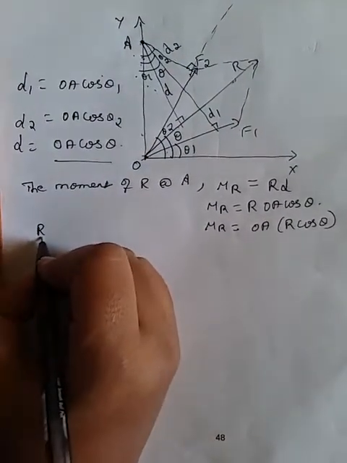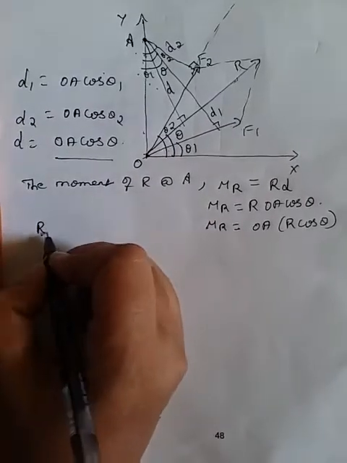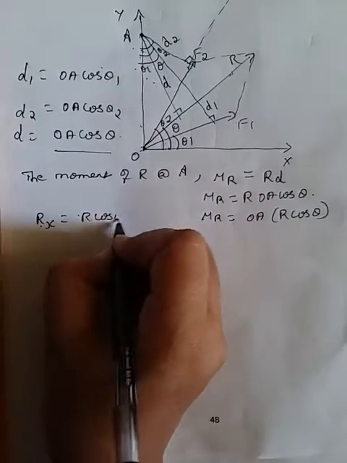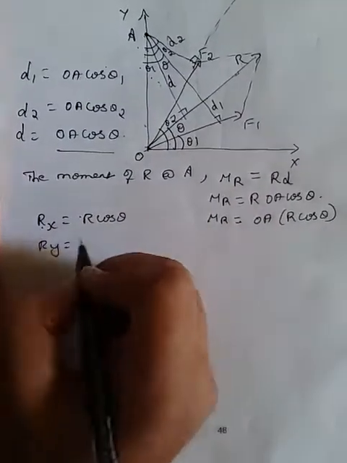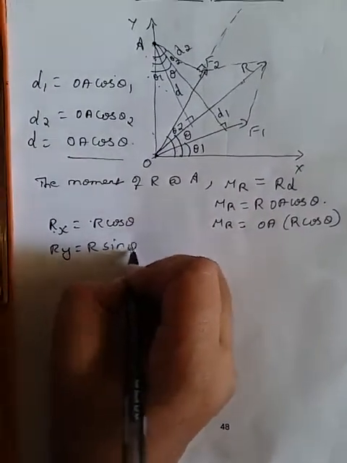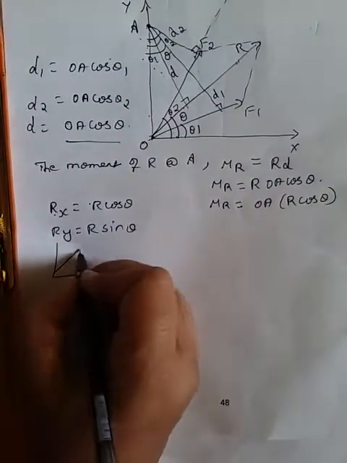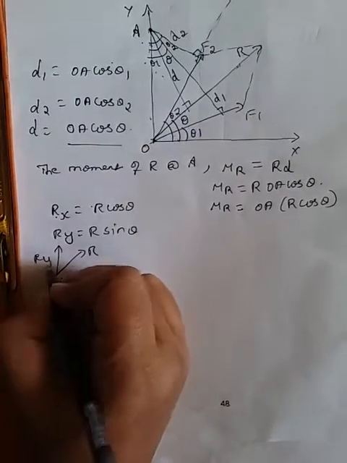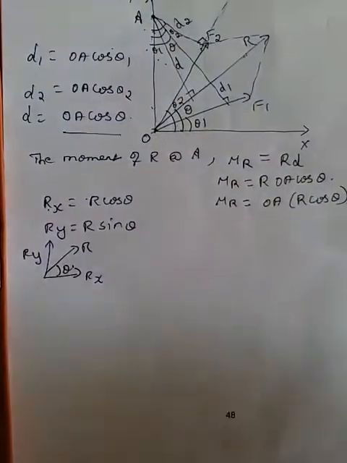If R is an inclined component, then Rx will be R cos theta, and Ry will be R sin theta. Similarly, if it is R, this becomes Rx and this becomes Ry if theta is touching the x-axis. In the same format I have considered this one.